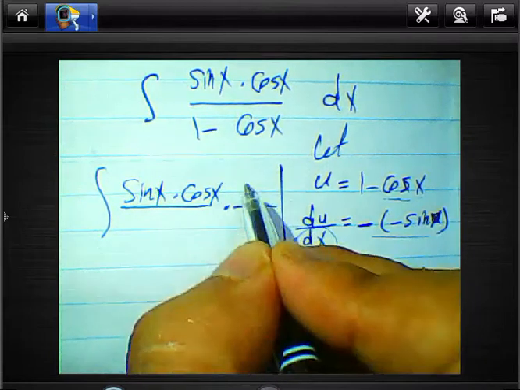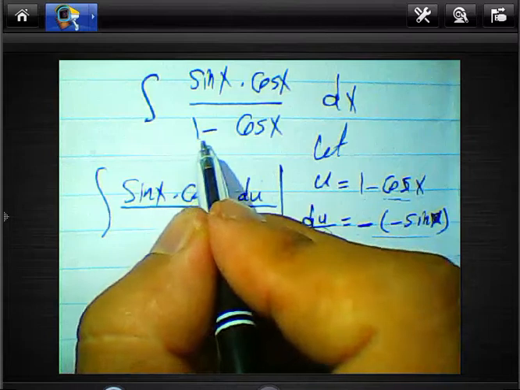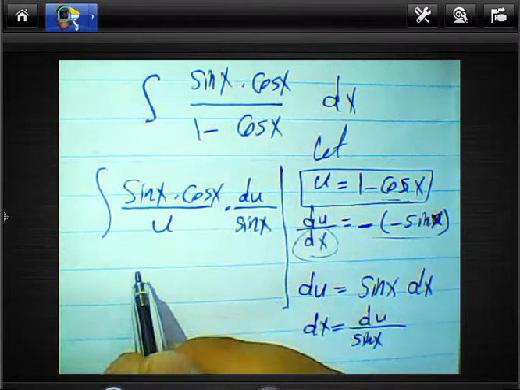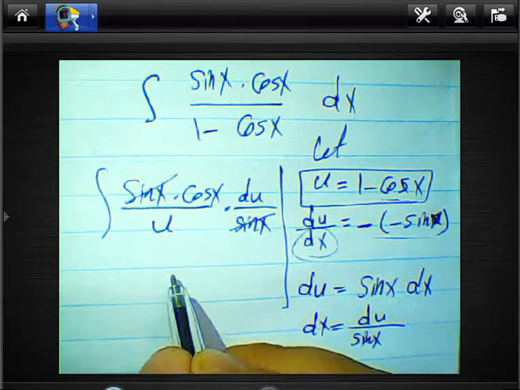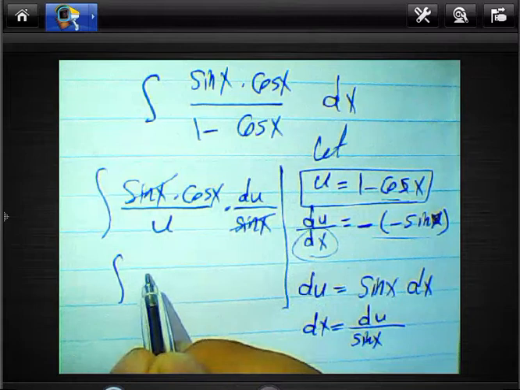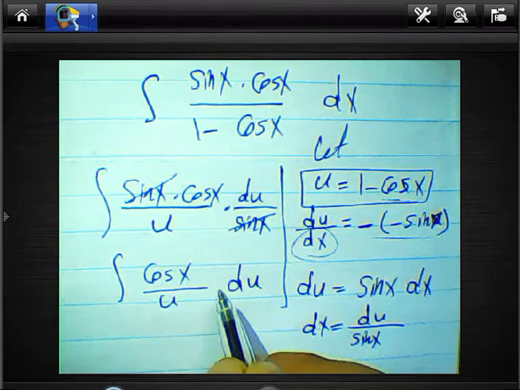In this example, the integral of sin x times cosine x times dx, we can write du over sin x. And 1 subtract cosine x will be u. We can cancel sin x with sin x, then we can write the integral of cosine x over u du.